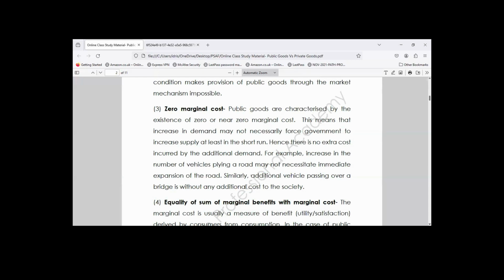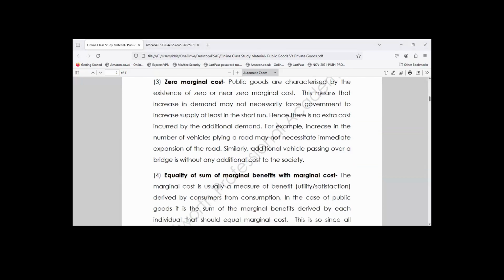You are not spending any cost, irrespective of increase in demand for that public good. So that is zero marginal cost.